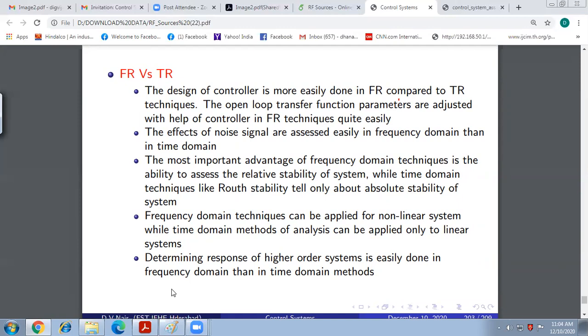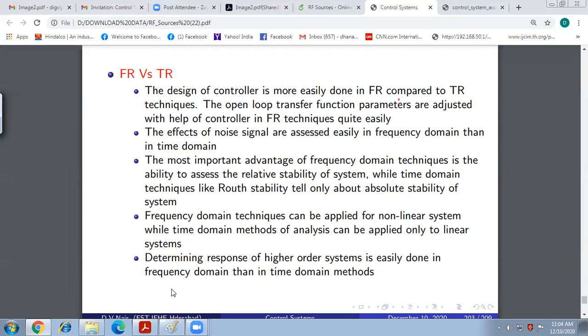But here, whether it is third order or fifth order, with ease I would be finding the response.